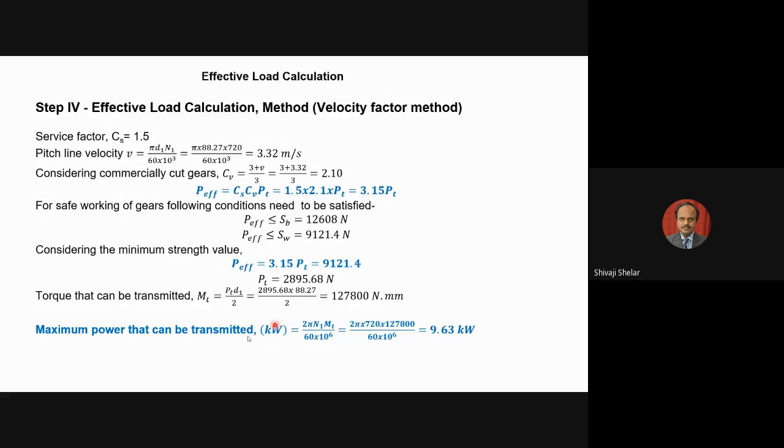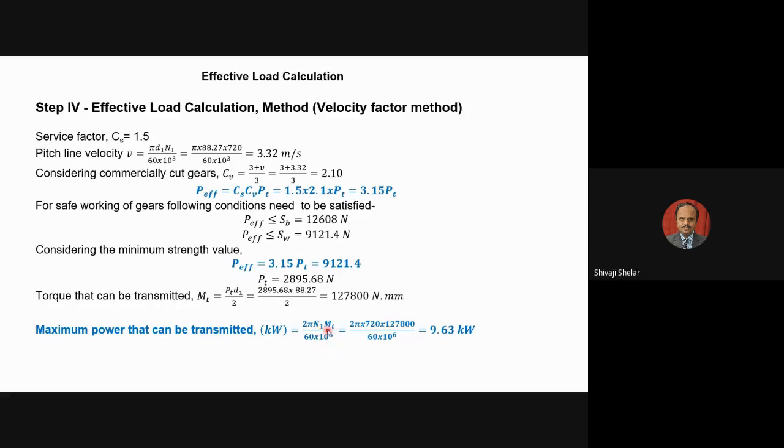From that we can calculate the maximum power that can be transmitted. You know the power formula in kilowatt: 2 pi NT upon 60 into 10 raised to 6. So here the formula is 2 pi N1 MT upon 60 into 10 raised to 6.